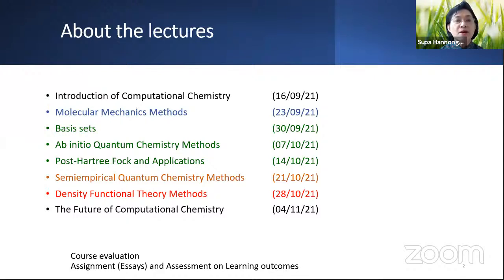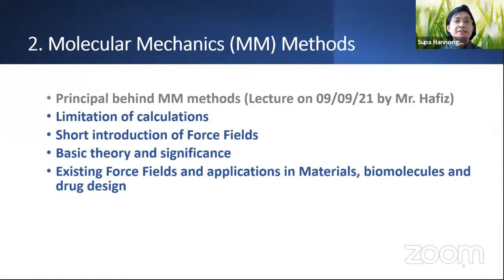Molecular mechanics method still been the very popular methods and applied to all area of research, especially in chemistry. Okay, so we will see about the fundamental on that. And next week, then we can go through ab initio and something high level of calculations.